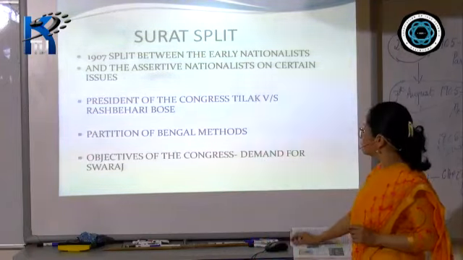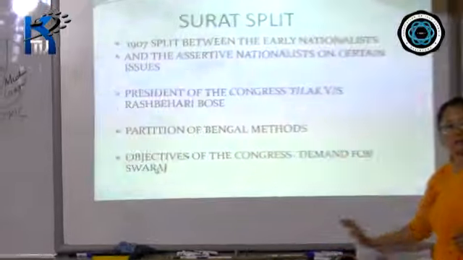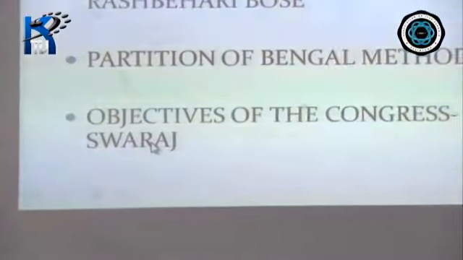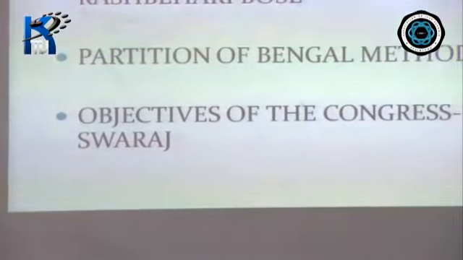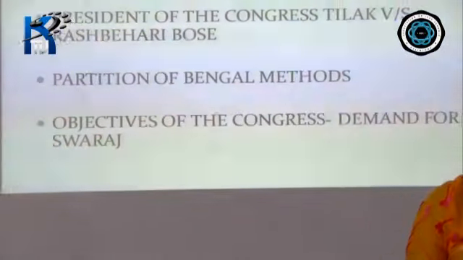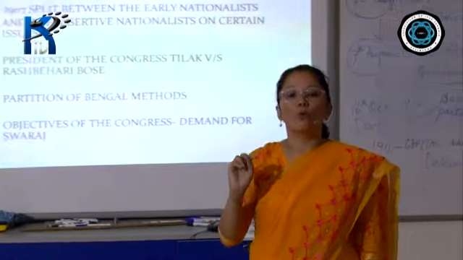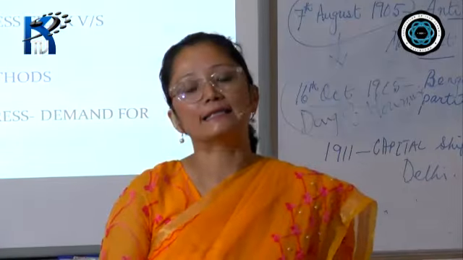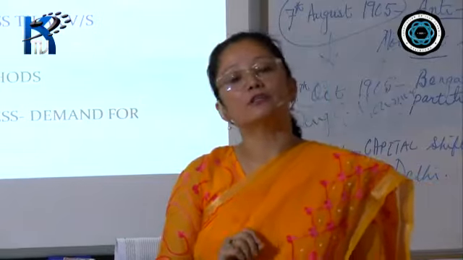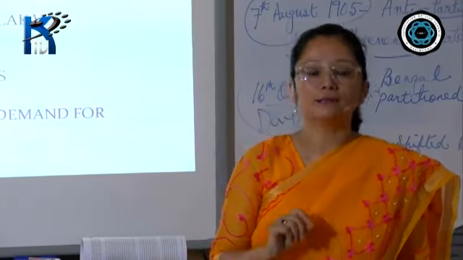But the assertive nationalists, like Tilak, were the first to use the term Swaraj. And on this, again, the two groups split up, and the assertive nationalists walked out from the Congress in 1907. This event is known as the Surat Split.